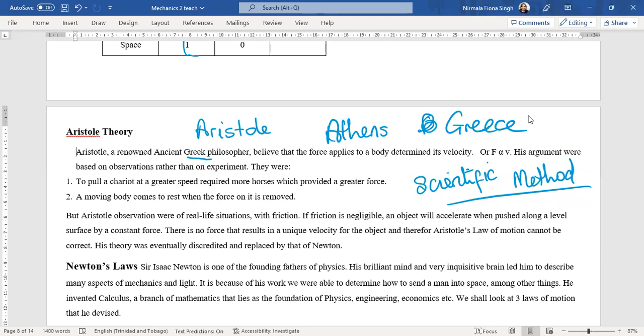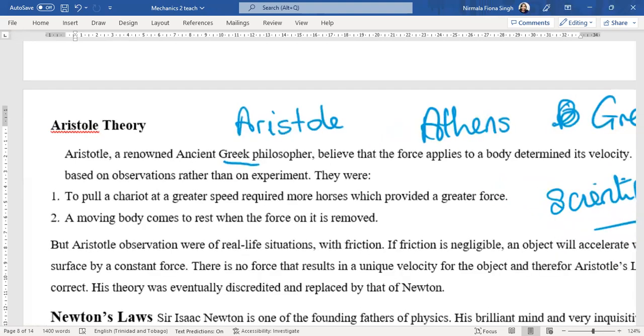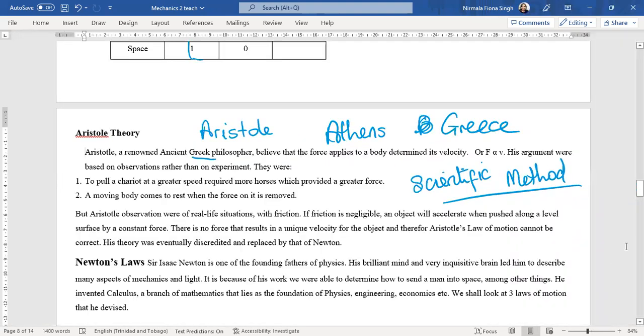Let's think about that all. That makes some sense, don't you think? Let's think about it. Sit down and really think about that, what he just said here. To pull a chariot at a greater speed, you required more horses.